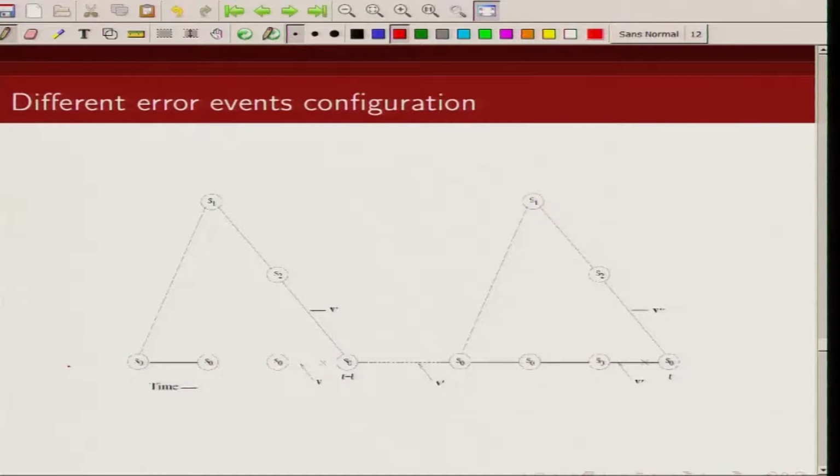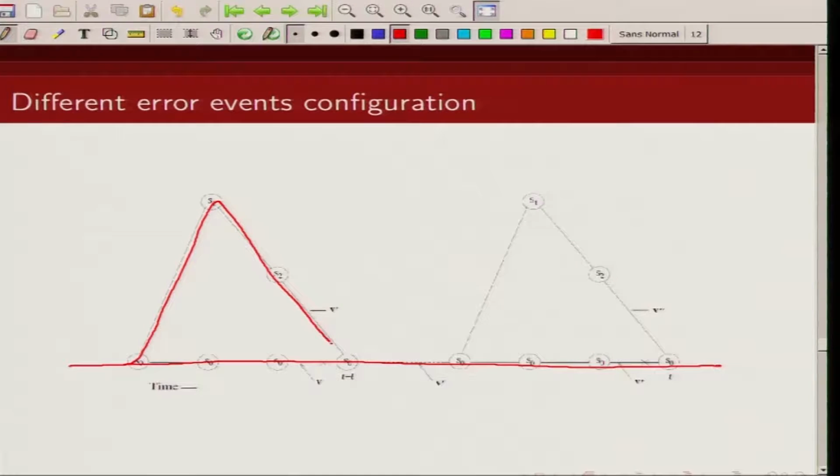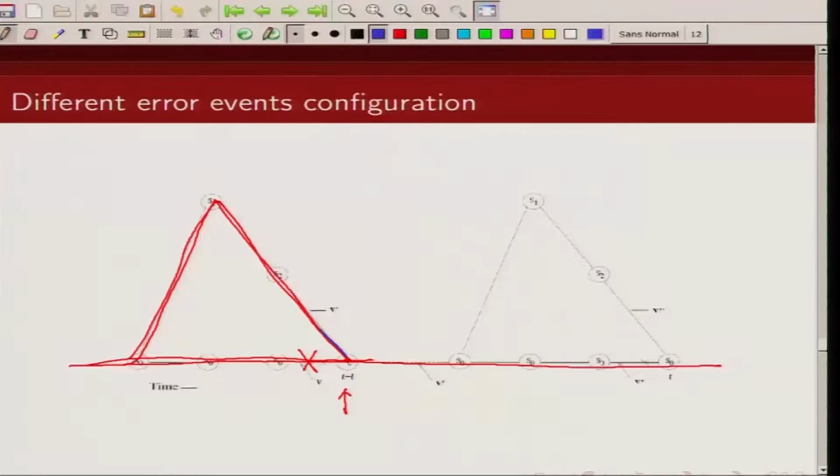So, for example, you could have a scenario like this. So, you diverge from all 0 state and then you merge back, and at this time instance, let us say your metric corresponding to this path was better than metric corresponding to the all 0 state path. So, you have discarded the all 0 state path and decided in favor of this path.